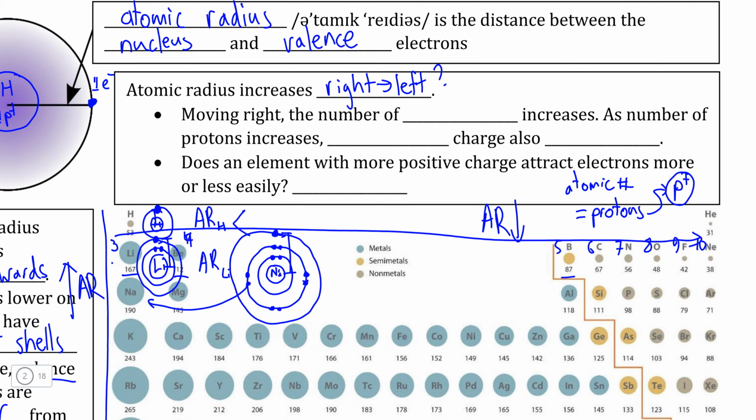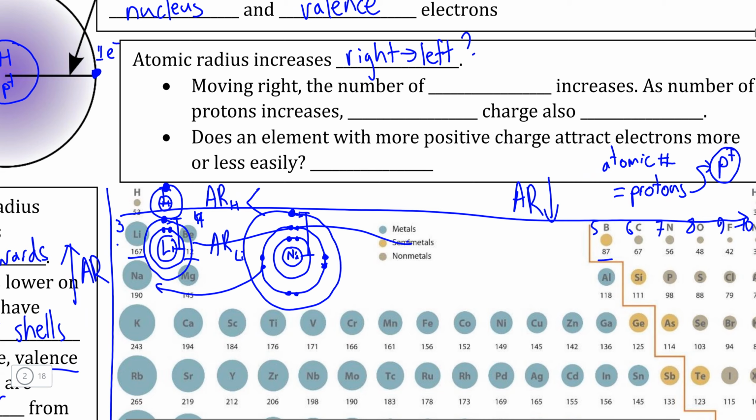Well, if we compare lithium and beryllium, for example, let's just write those two elements next to each other. So here is lithium, which has 2 electrons on its inner shell and 1 electron in its valence shell, and lithium has 3 protons. That gives lithium a charge of positive 3 in its nucleus.